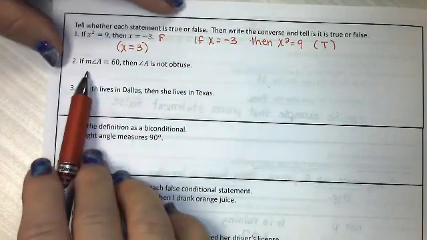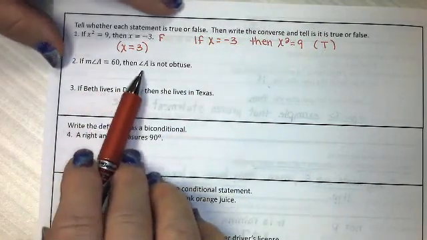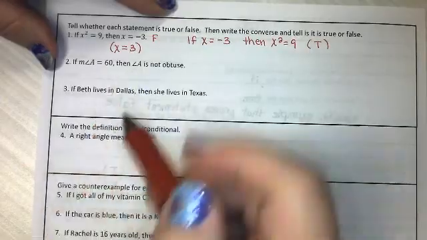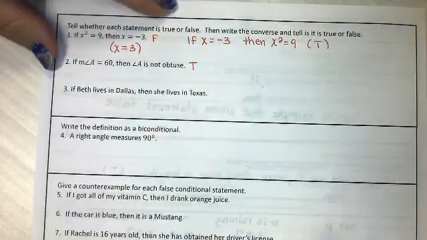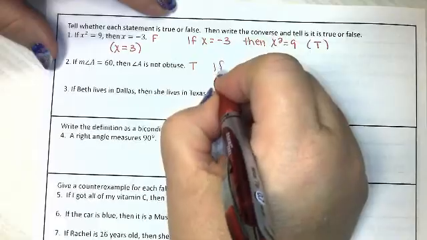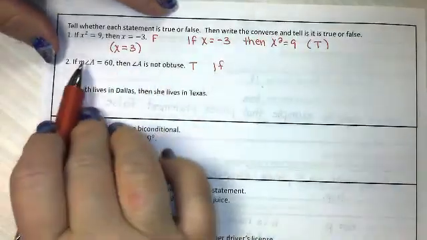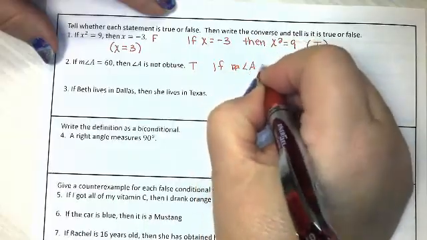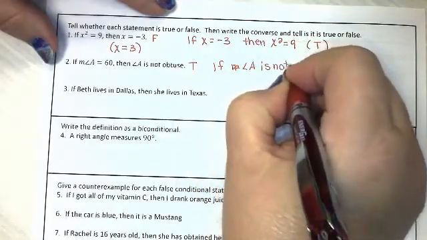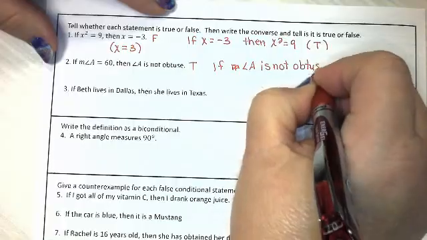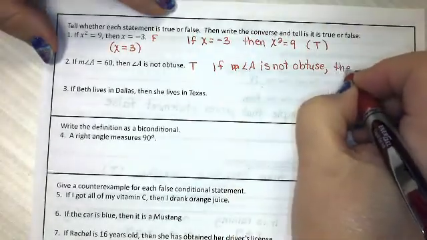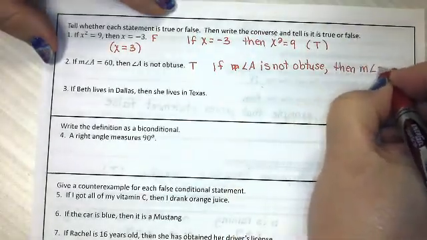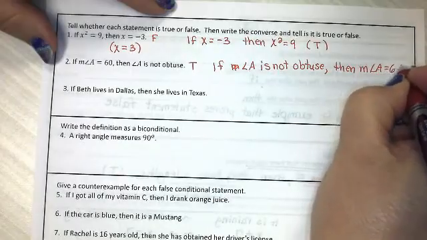If angle A is 60, then A is not obtuse. I say that one's true. Let's write the converse. Let's flip them around. If angle A is not obtuse, then the measure of angle A is 60.